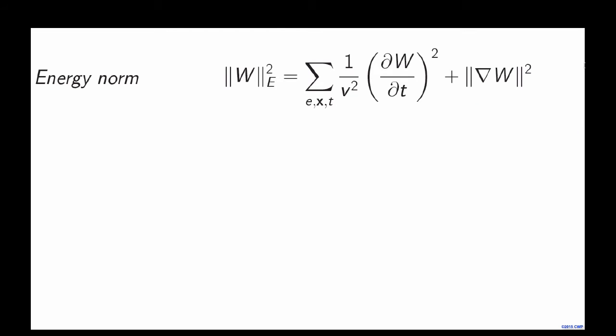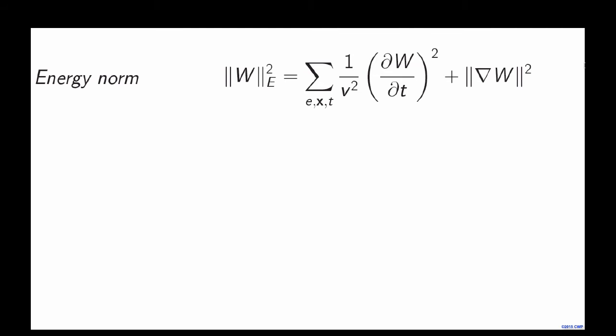The energy norm is defined this way. The first term inside this summation is related to the kinetic energy of the wavefield, and the second term is related to the potential energy of the wavefield. That's why it's called the energy norm, because it contains both kinetic and potential terms.